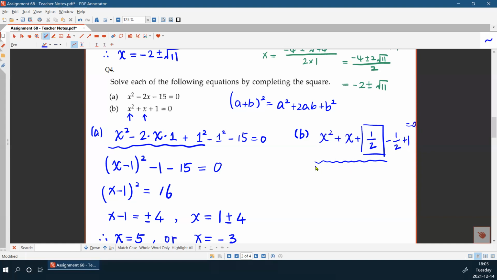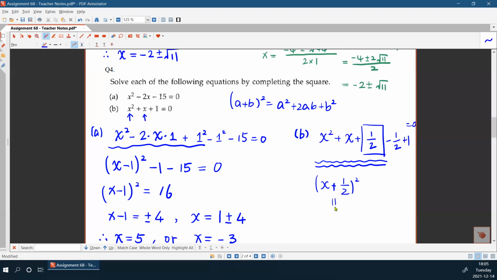And now you think the first part is a perfect square. So what perfect square should you write? Should it be like (x plus 1/2) squared? Let's try (x plus 1/2) squared, right?